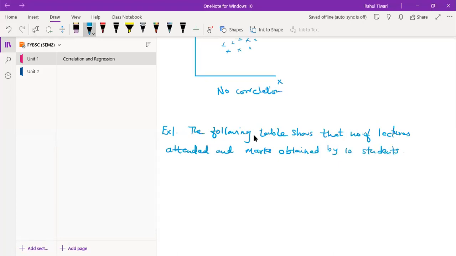Okay, so we'll take the number of lectures attended, and here we have the marks.